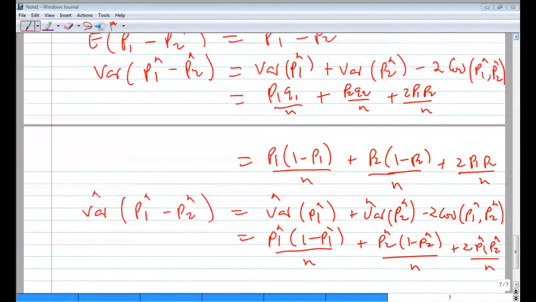Then later we are going to consider the example so that we can apply these things.